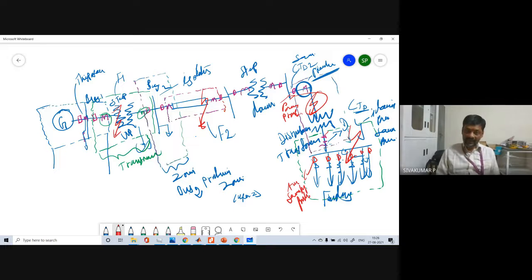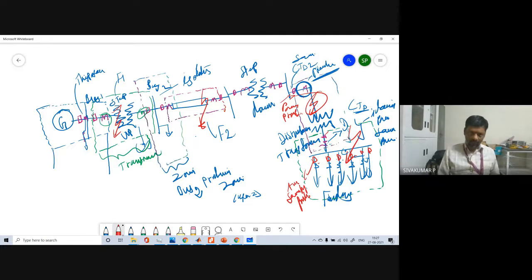Based on the place where the fault occurs in the power system transmission and distribution line, each protective device acts as either primary protection or secondary protection.